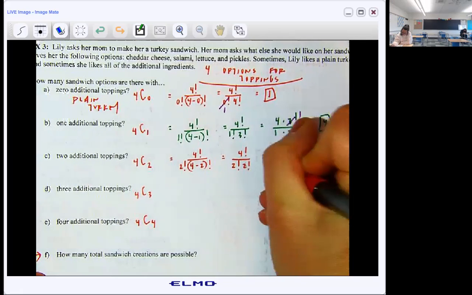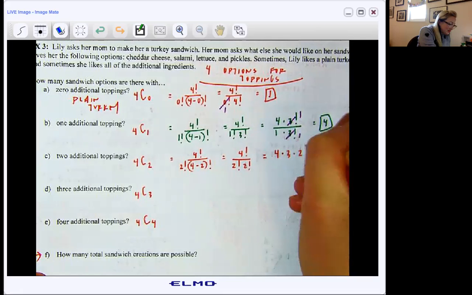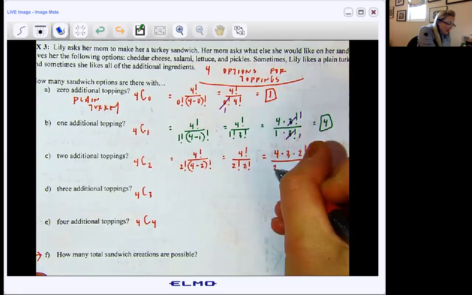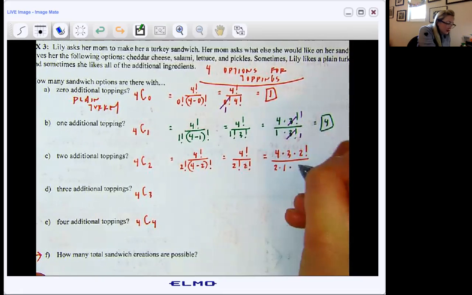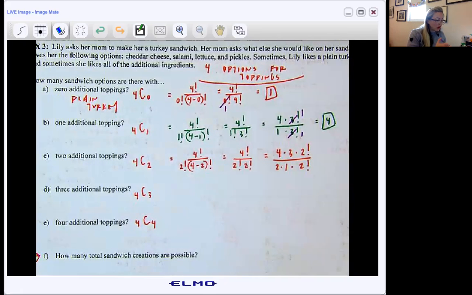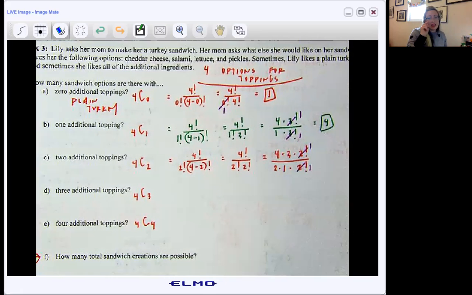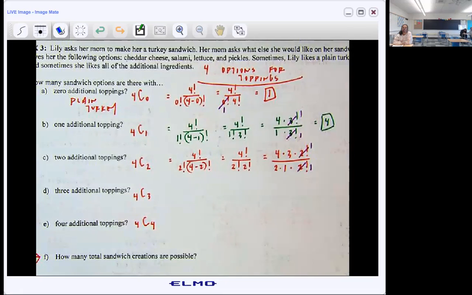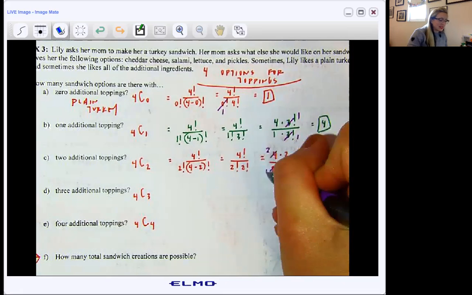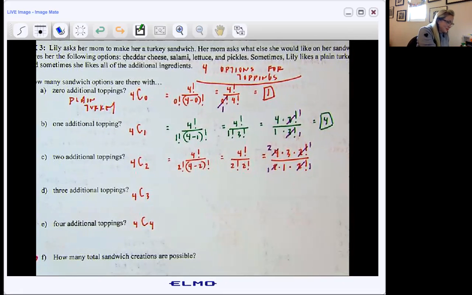So here I have 4 times 3 times 2 factorial. Well, 2 factorial is just 2 times 1. I'm just going to write it out like that. And then the other 2 factorial. The 2 factorial over itself will just go 1 to 1. And then if I look at, say, the 4 and the 2, that reduces to 2 and 1 just like that. So 2 times 3 gets me 6.